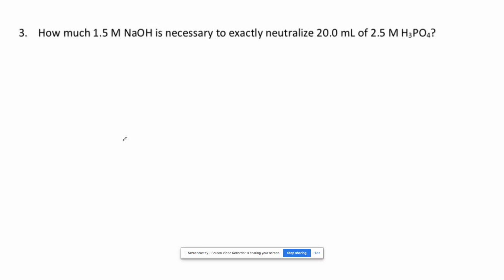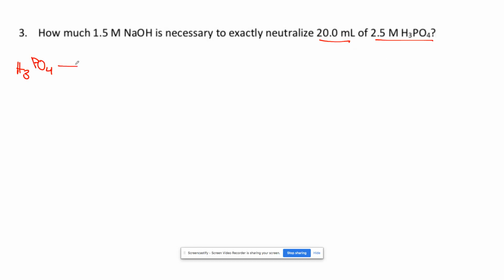Number 3, how much of 1.5 molar NaOH is necessary to exactly neutralize 20 mils of 2 molar phosphoric acid? I know this is phosphoric acid, so let's call it what it is. Molarity of the acid, volume of the acid. Again, you might see there's a 3 there.